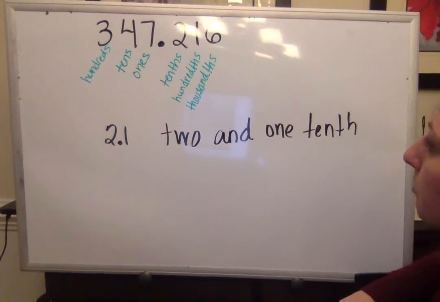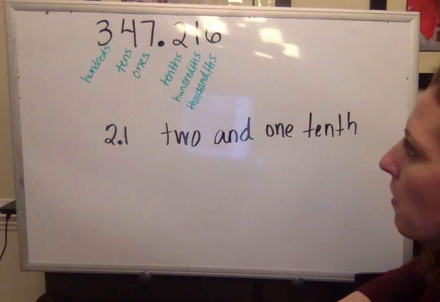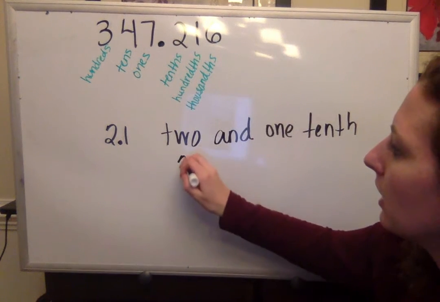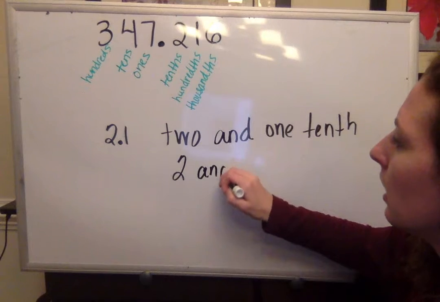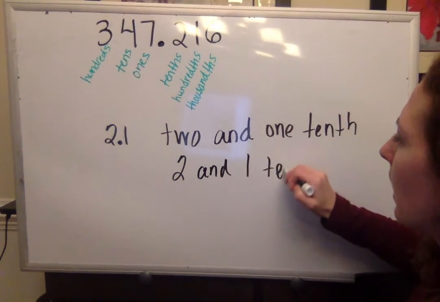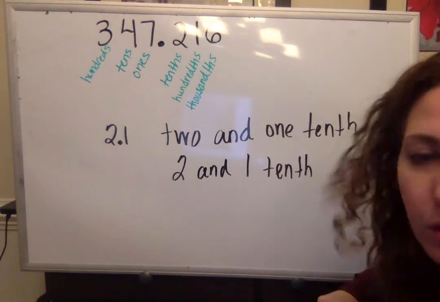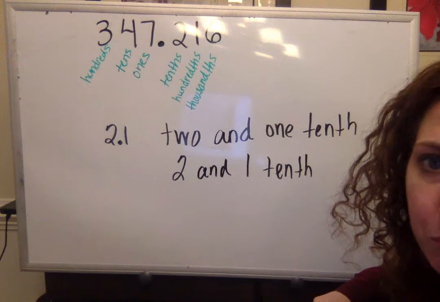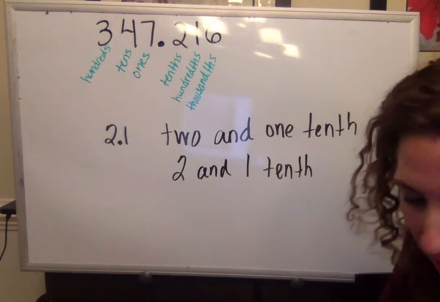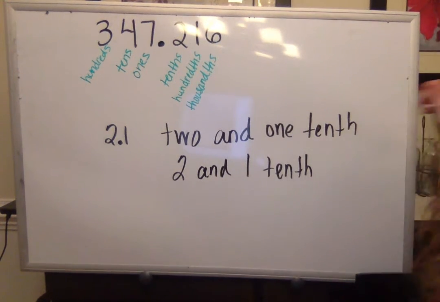Okay? 2 and 1/10. You could also write it like this: 2 and 1/10. Either way would be right, okay? But that's how you're going to write it.